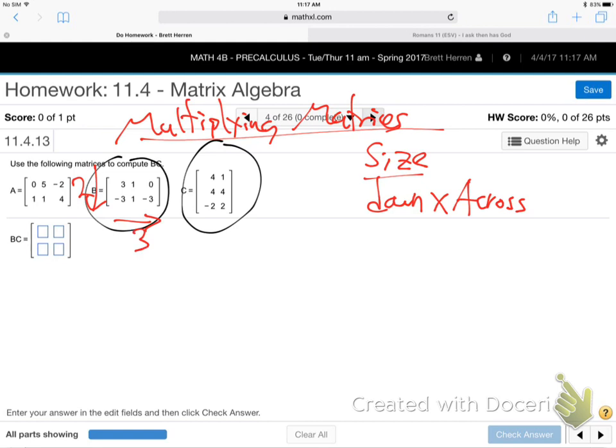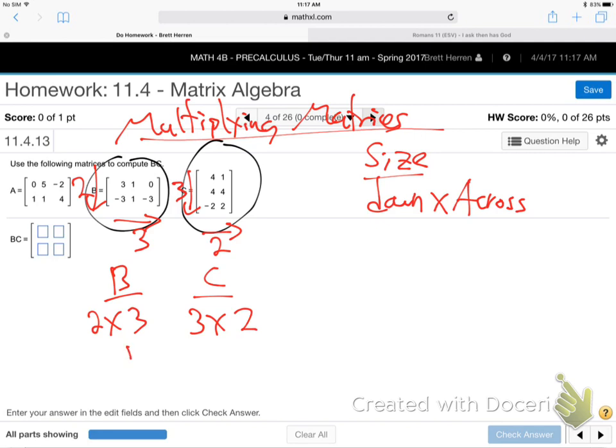And what is the size of matrix C? 3 by 2. It's 3 down, 2 across. So matrix B then is a 2 by 3. And matrix C is a 3 by 2. Does that make sense? It's always down first, then across. Okay, now why is that such a big deal?